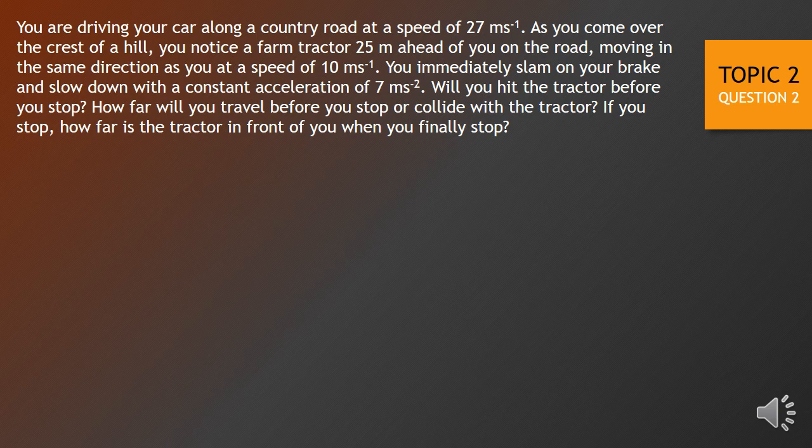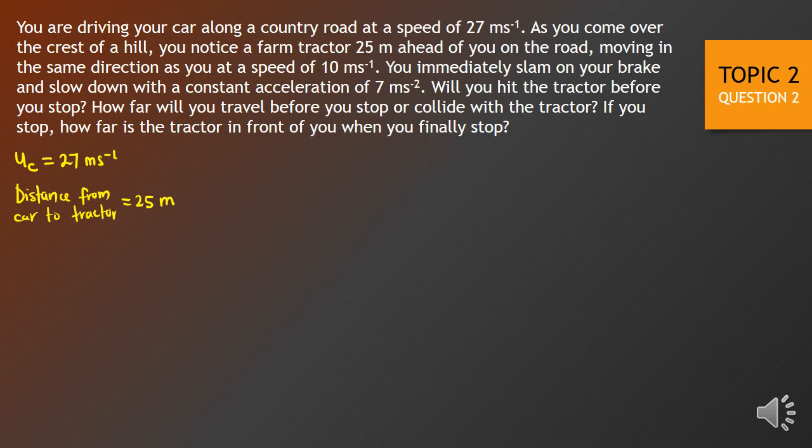Okay. So firstly, we talk about the car. You are driving your car, so the car initially has an initial velocity. C is for car. Initial velocity of the car is 27 meters per second. Distance from car to tractor is 25 meters.